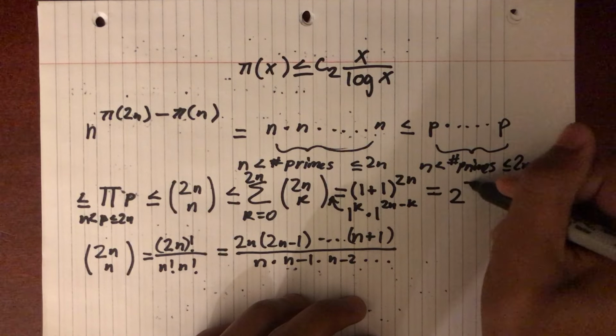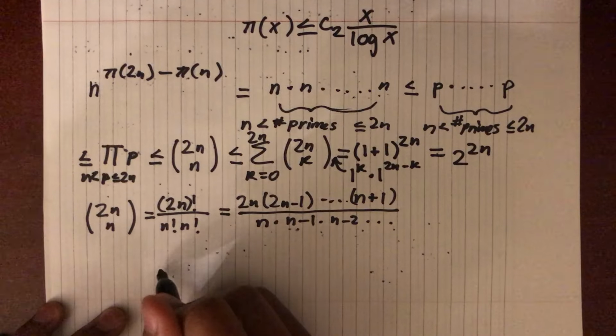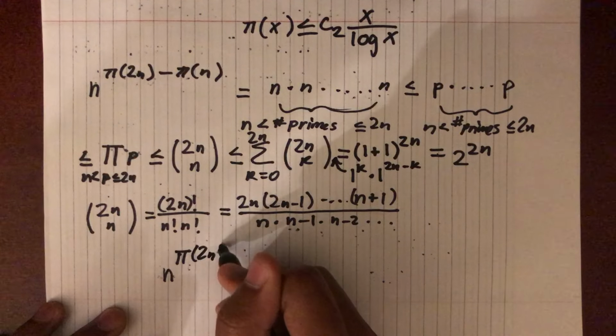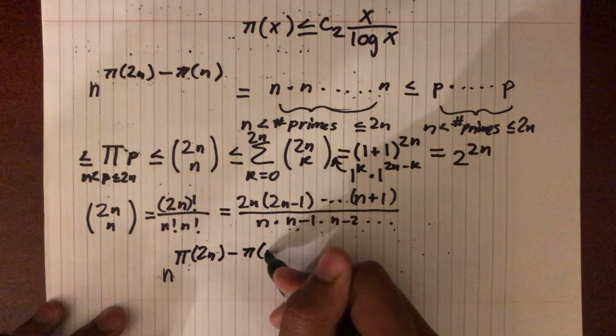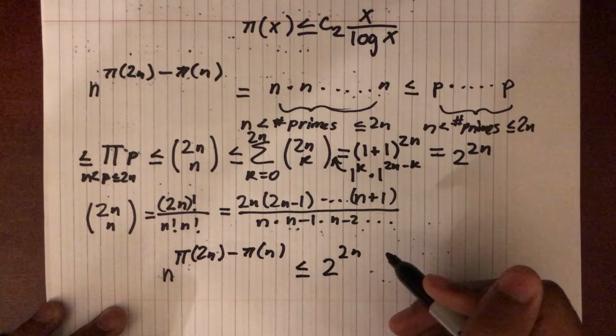So this is 2 to the 2n. And so now if we put that all together, we have n to the pi of 2n minus pi of n is less than or equal to 2 to the 2n.